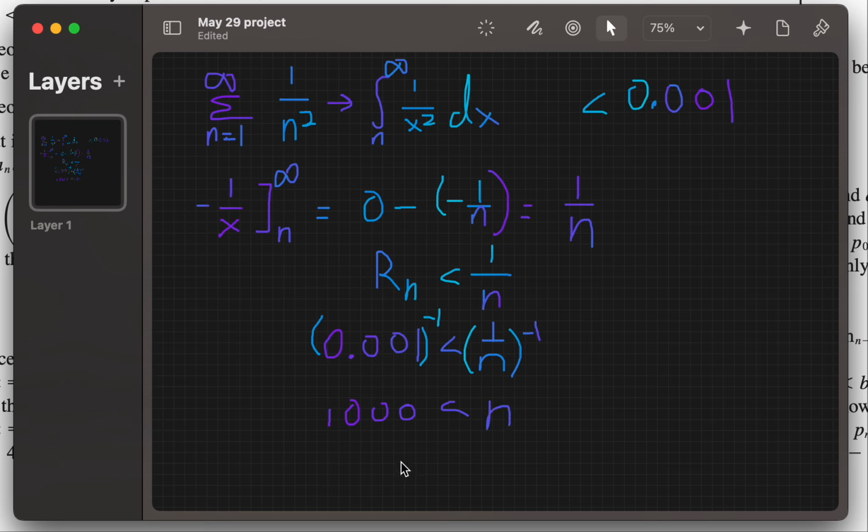So n is greater than 1,000, n is 1,001. So this is the smallest term that will give you an estimate of less than 0.001 for this series.